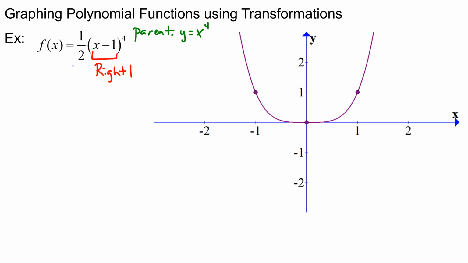And then we have this 1/2 happening. So I would have my power 4, which is our parent function, and then it would get multiplied by 1/2 outside that parent function. This multiplication by 1/2 is really going to take my y values, wherever I am on those y values, and multiply them by 1/2.